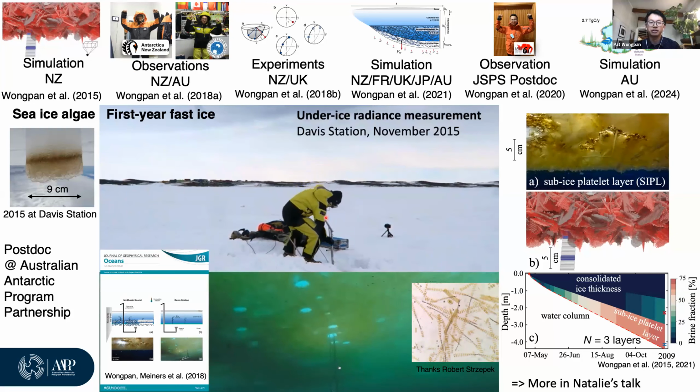That gave me an opportunity to work with Dr. Klaus Meiners, my advisor, who introduced me to this aspect of sea ice algae. I did some experiments with sea ice orientation in New Zealand, and some permeability work in the UK with Gerald Neufeld. I finally finished the simulation work of this sub-ice layer, which you can see on the right, a physical model only. And this could be a good bridge to the next talk by Natalie Robinson.